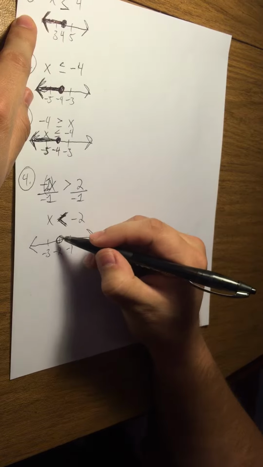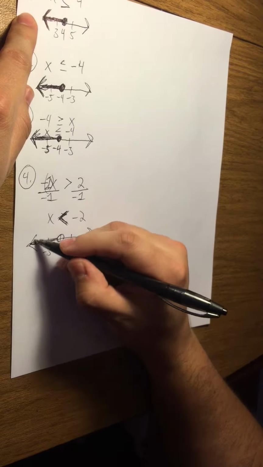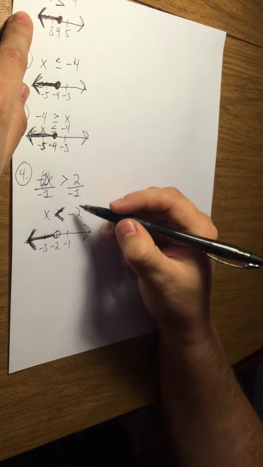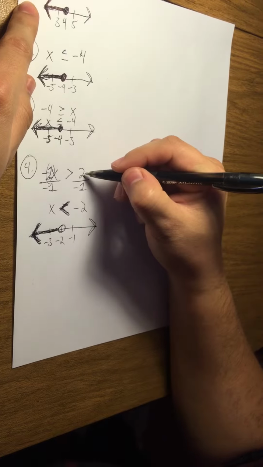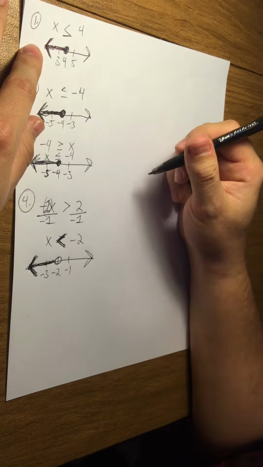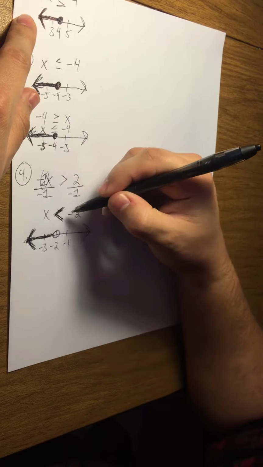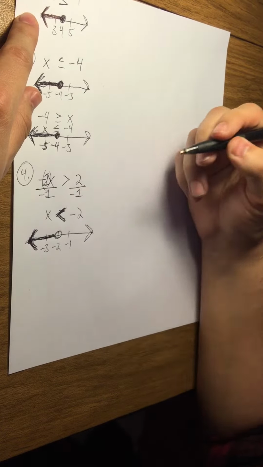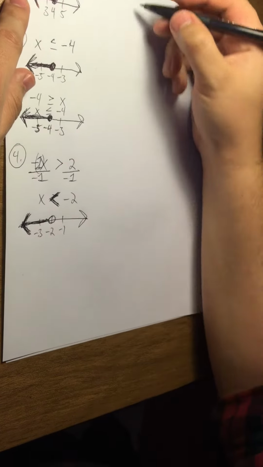So don't fill it in. It's less than. So that's a lot different than x is greater than 2 if you had no negative in front of it, because it just totally alters it, switches it, changes the 2 to a -2. So be careful.